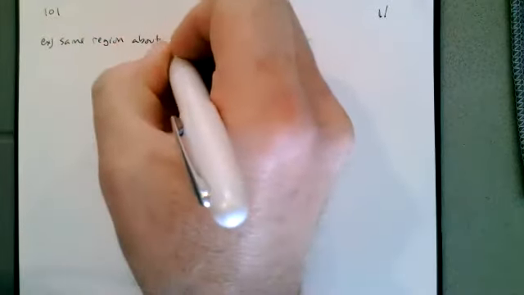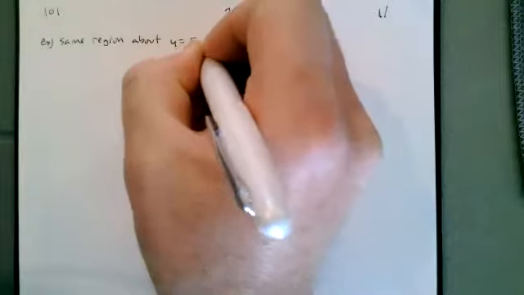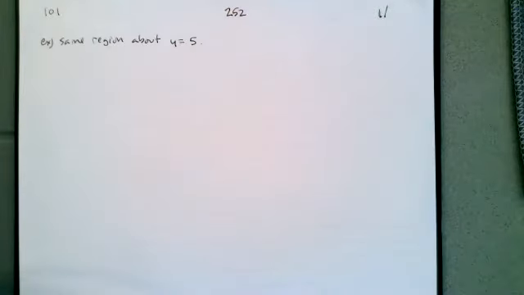I don't know. Let's do the same region about the line y equals 5. So I want the same region, but now I'm going to go about the line y equals 5. Here we're going to note that the axis of rotation is not a boundary of the region.